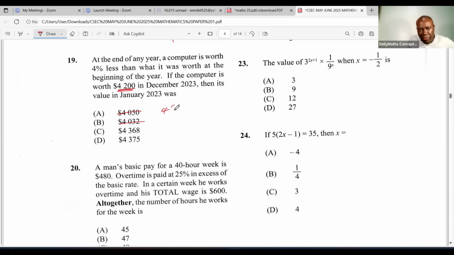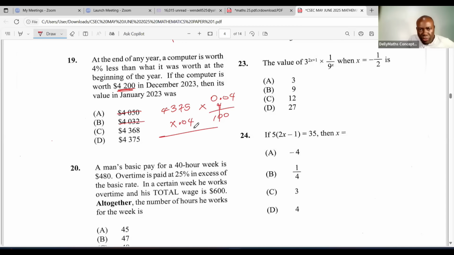Let us say we take 4375. Let's find 4% of that. When you work on 4%, you get 0.04, right? So let's multiply this by that. 4375 times 0.04, and then we get a number.